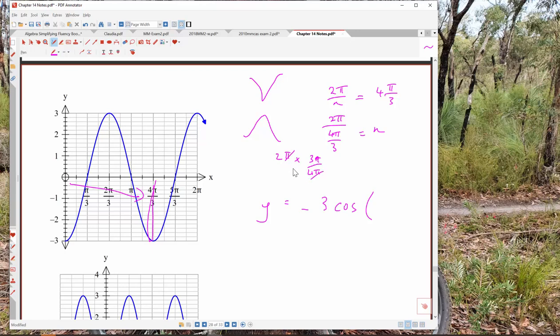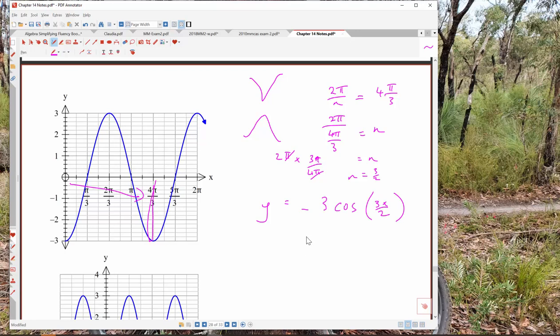Those cancel out, and that gives us 2 3s are 6, 6 on 4 is 3 on 2. So n equals 3 on 2. So 3x on 2. Right, so there's our trig function.